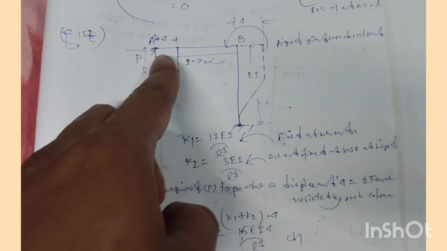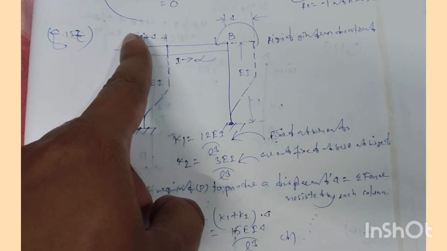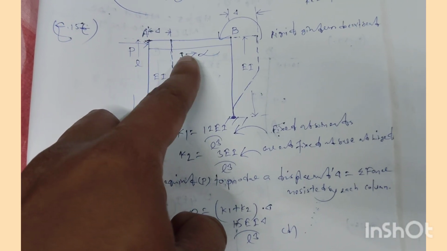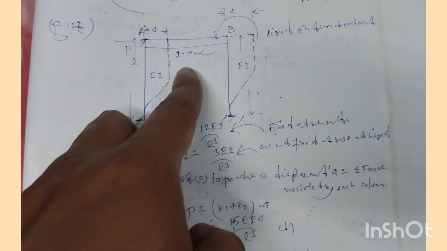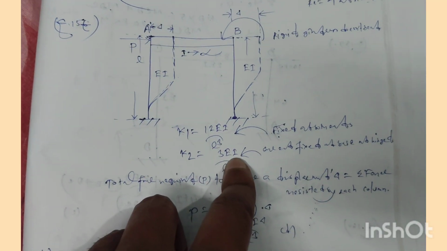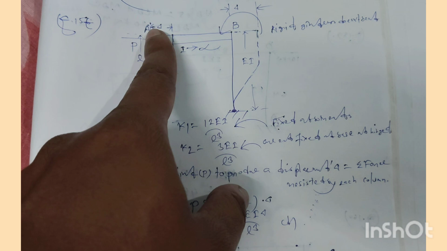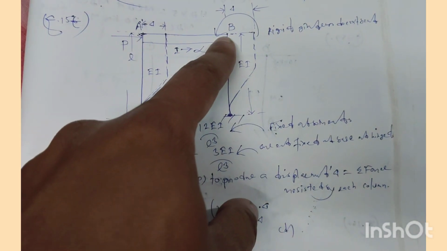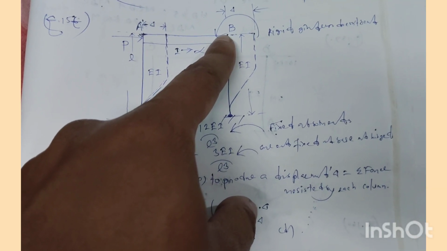AB is the rigid girder whose moment of inertia is infinity, which means it will not bend under this kind of sway loading. This end is fixed due to the rigidity of the girder, but this is the hinge end, and this end B is a fixed end due to the rigidity of the girder.